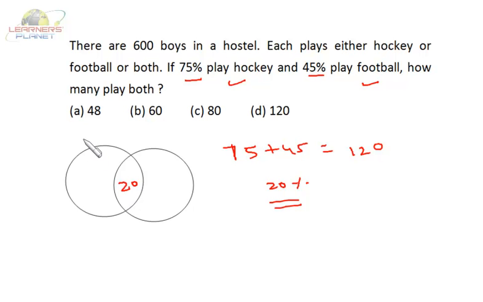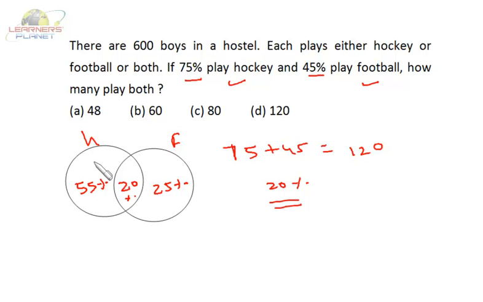Suppose this circle is of hockey and this circle is of football. So 20% are playing both the games. Out of 75%, 20% are playing both, so the remaining is 55%, and here it is 45%, so 20 here, 25 here. Okay, so this is the total calculation.